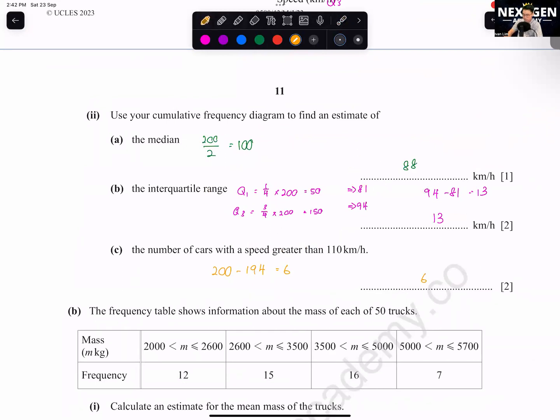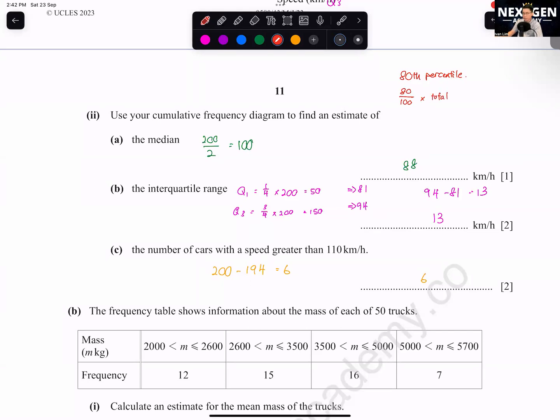Okay, so let's just say if they want you to find 80th percentile. The first thing that you want to find is where is the 80th percentile first. So you will take 80 over 100 multiplied by the total.